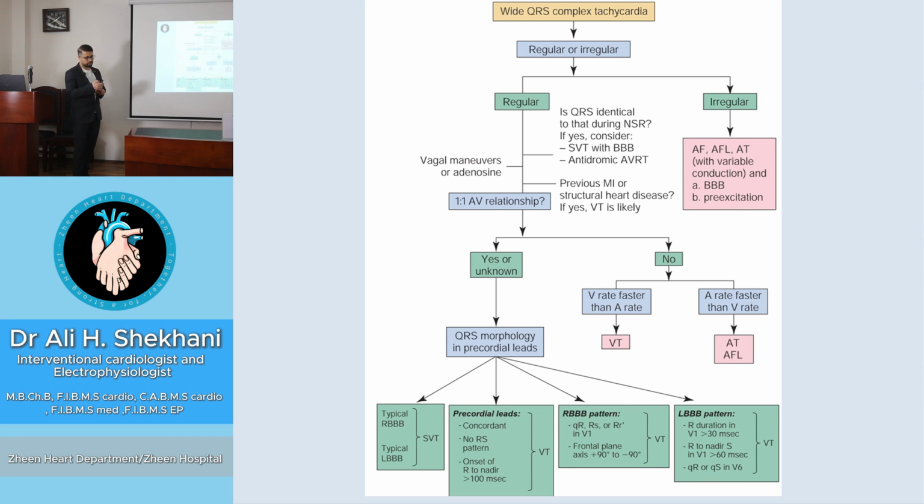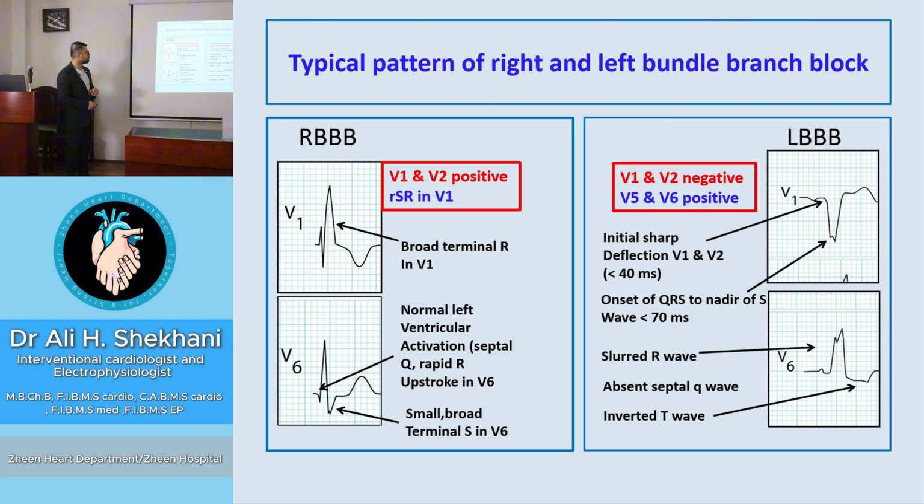I will show you what is the typical right and left bundle branch. This is typical right bundle and left bundle. In typical right bundle, usually the initial R is small, followed by S, and the secondary R is large in V1.